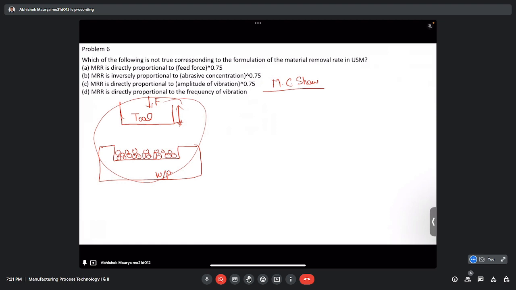According to his model, I will now exaggerate this phenomenon a little. Suppose this is a tool, this is the workpiece, and just for understanding purposes, I am drawing an abrasive particle.